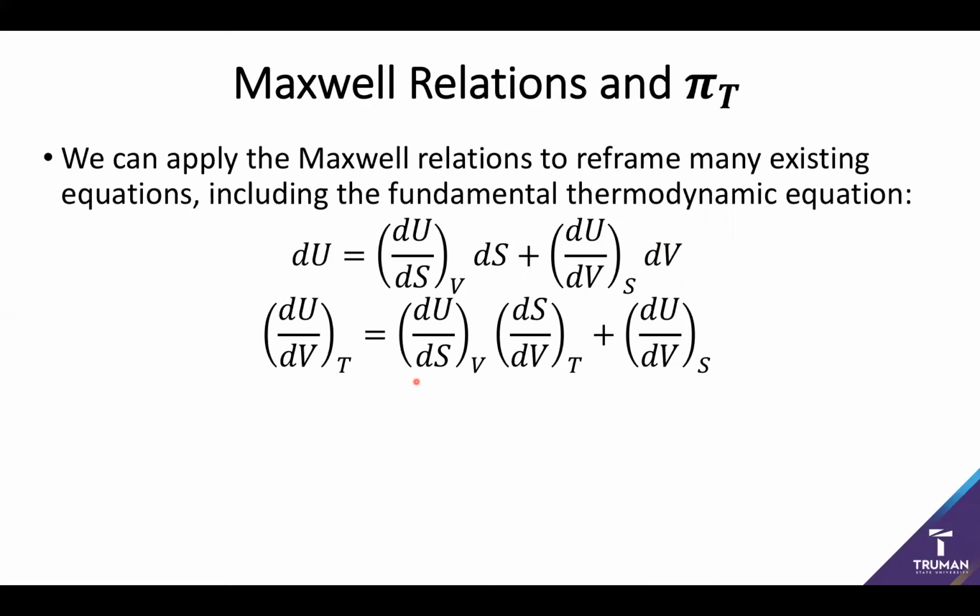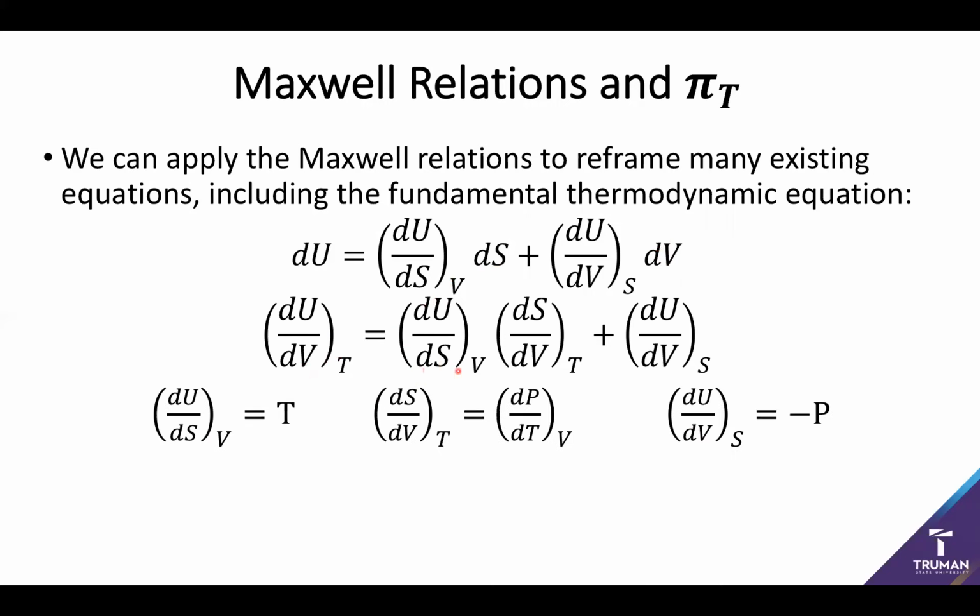And so when I apply these sets of relationships, this is when it starts getting a little bit powerful, because it turns out that this is the same thing as our internal pressure. Ooh, that's useful. And it turns out that this is the same thing as temperature, which we got from our fundamental equations. And this is the same thing as negative pressure, which we also got from our fundamental equation.